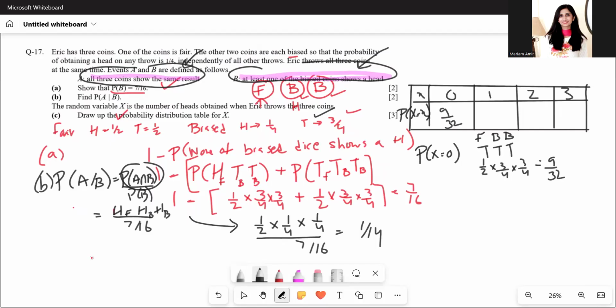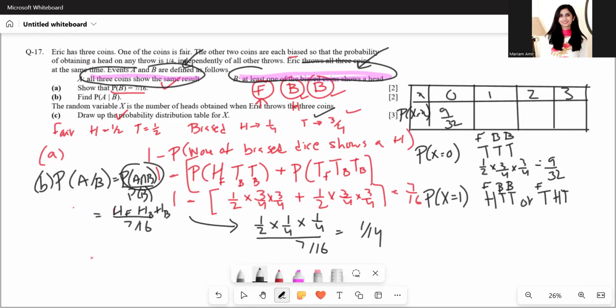Okay. Next is that we get 1 head. 1 head would mean either head here in the first one, in the fair one, and then tails in the other two. Tails for the biased coins, or a tail here and then a head and a tail.